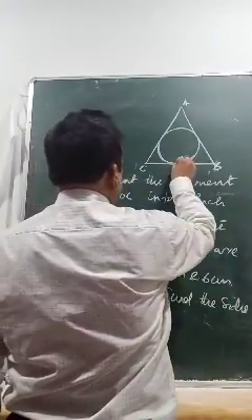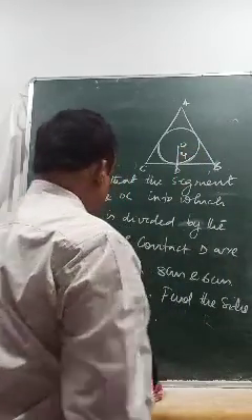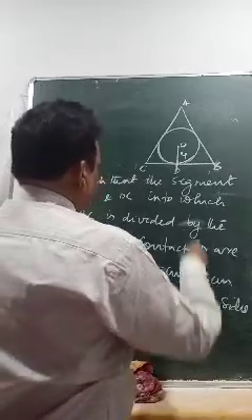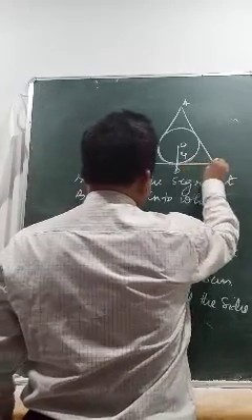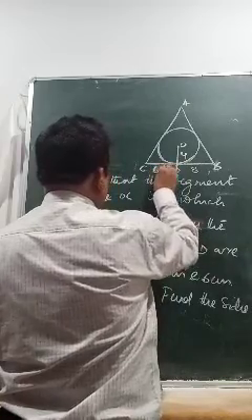Okay, here is the radius 4, this is 4, such that BD is 8, DC is 6.